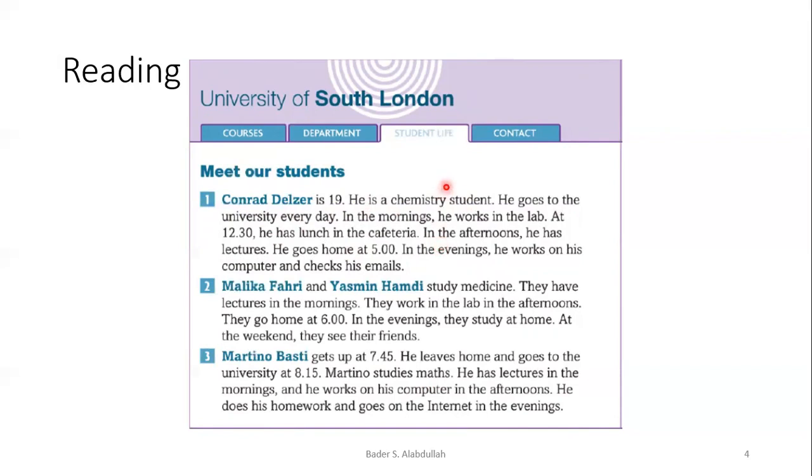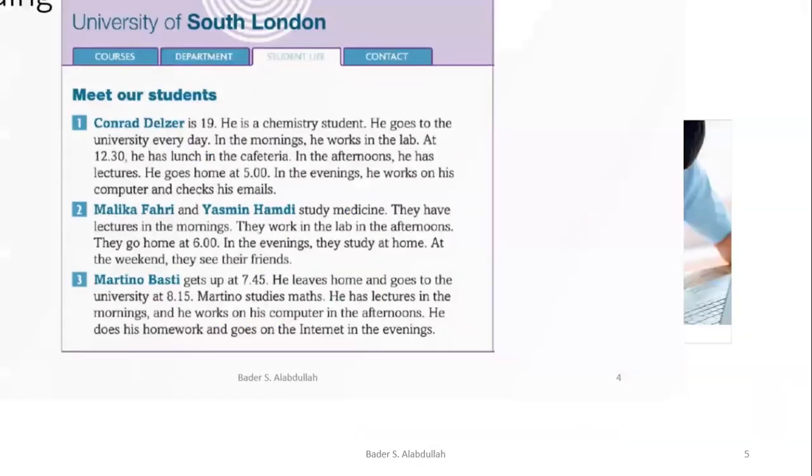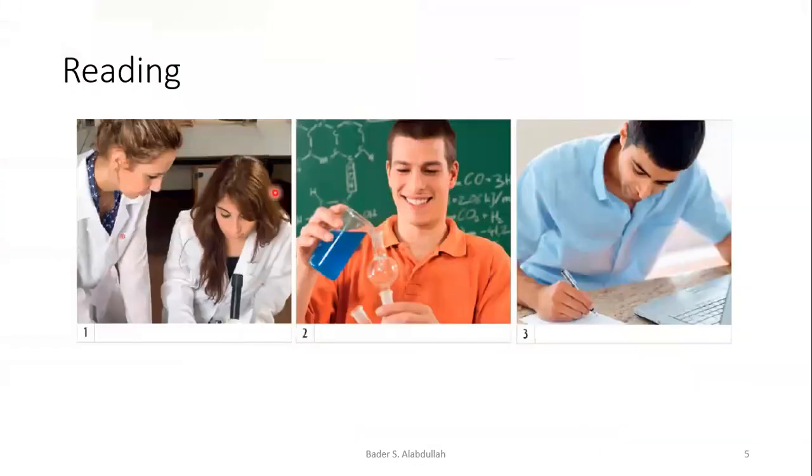Okay, now this text doesn't have photos or illustrations. But even if we had photos, we can correlate between the text and the photos. As an example, obviously these are Yasmin and Malika. Which one is Yasmin, which one is Malika, we don't know. But we do know that they are two medicine students. They study medicine at the University of South London, right?